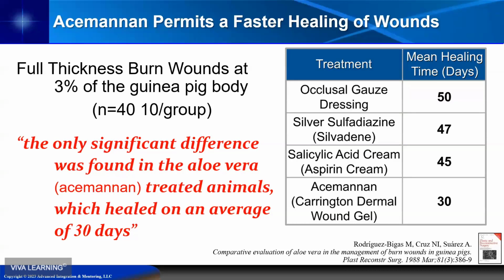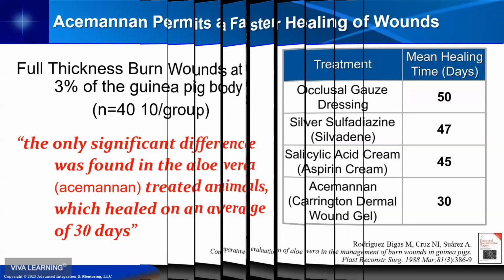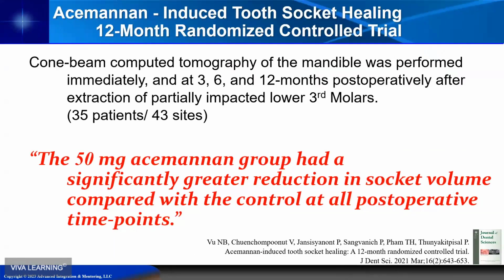And so again, looking at the studies and what they mean to how we then apply this into dentistry becomes very, very important. We look at now what we're trying to do with induced tooth socket healing. And CBCTs have actually shown that there is an increase at 3, 6, and 12 months, looking at where third molars have been extracted.